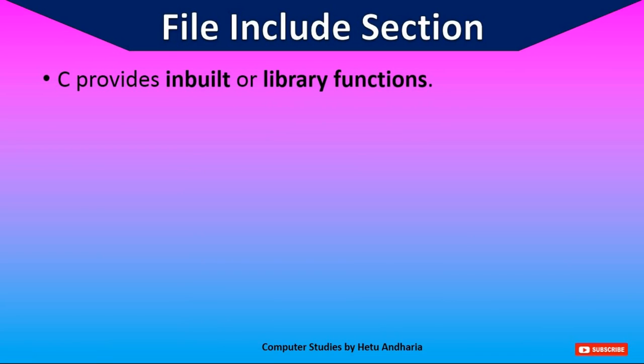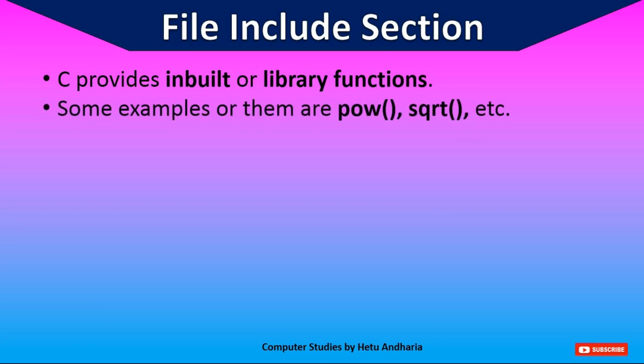C provides inbuilt or library functions. Some examples of them are pow, that is to find the power, such as 2 raised to 5, 2 raised to 10, that is the power function. sqrt, that is to find the square root.